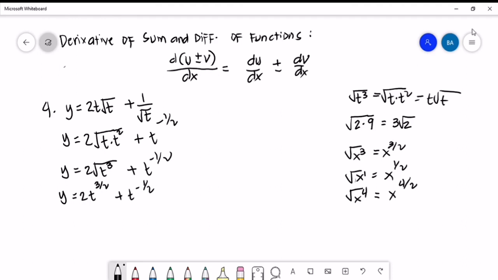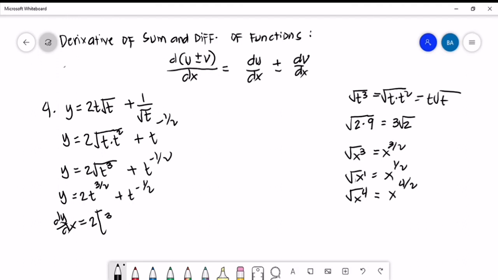So now we can derive each term. The derivative of y with respect to x is now equal to, let's segregate the 2, then proceed under the power rule.